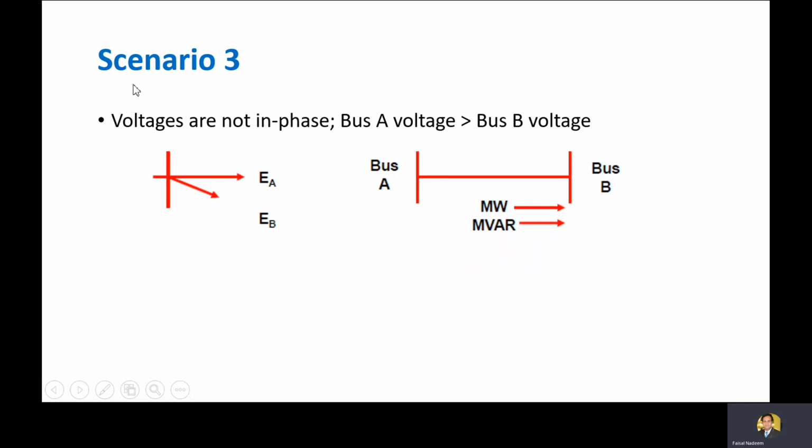So they are not in phase, and the bus B voltage is lagging the bus A voltage. Therefore, the active power will flow from bus A to bus B. Similarly, for reactive power, bus A voltage is greater than bus B voltage. The reactive power will also flow from bus A to bus B.